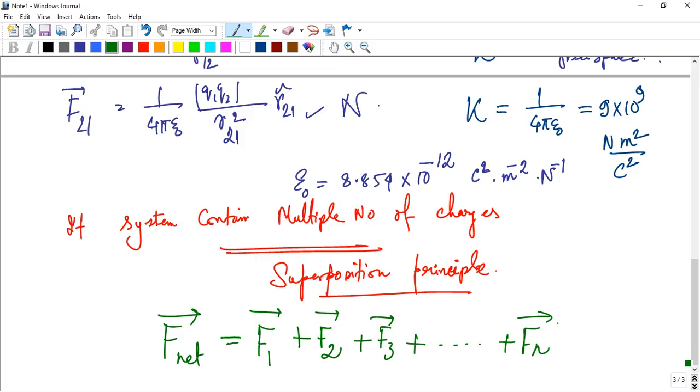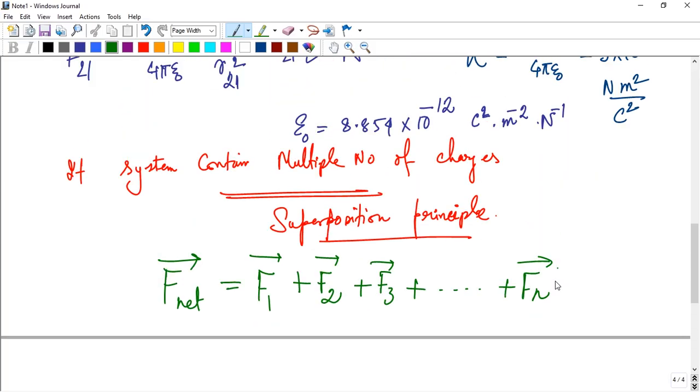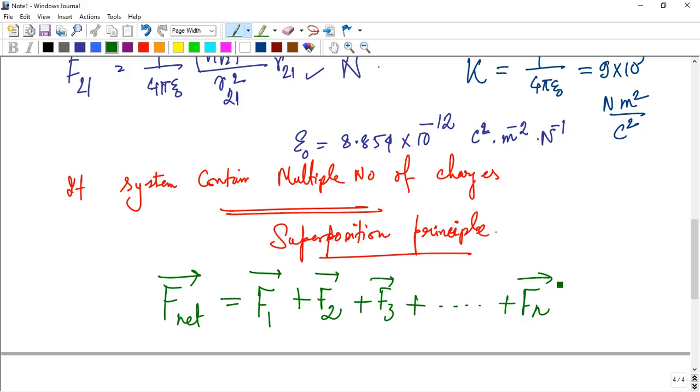Next important point is the definition of the superposition principle.